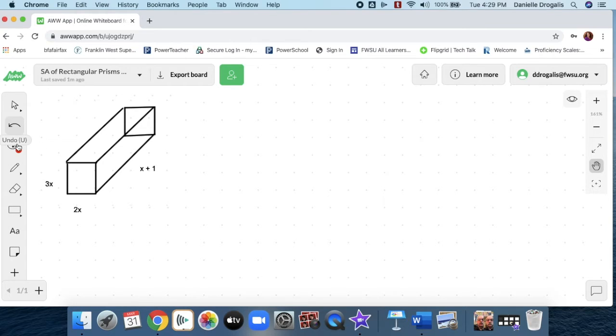Okay, so I've already prepped this and labeled it. So this edge is 3x in length, this dimension is 2x in length, and this one is x plus 1 in length. And so what we should do is put together our collection of paired faces and all their product areas.